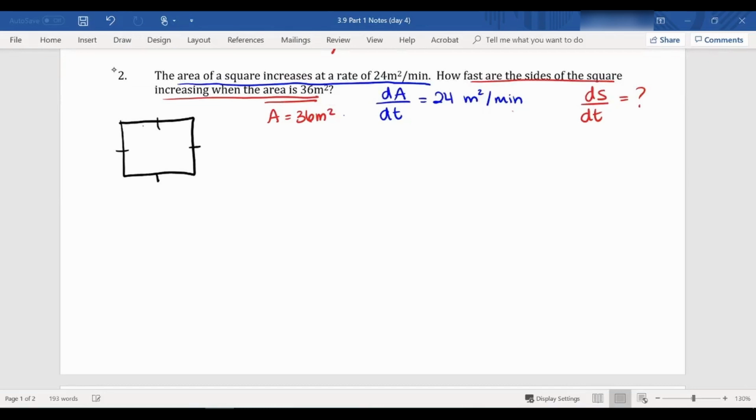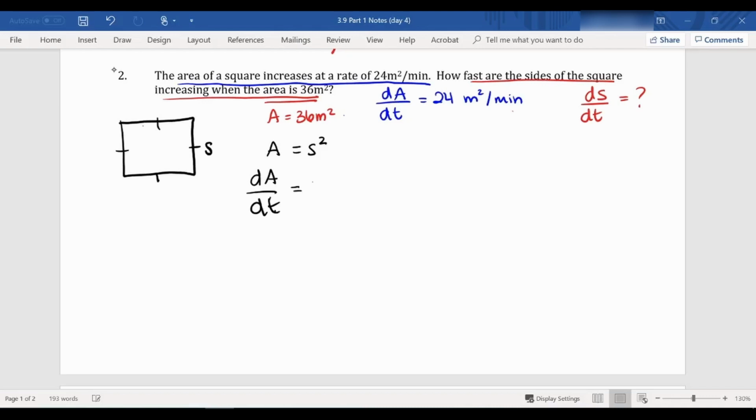Got a square, and the side length is some length s. And we know that area is side length squared. So again, if I differentiate, I get dA/dt on the left.